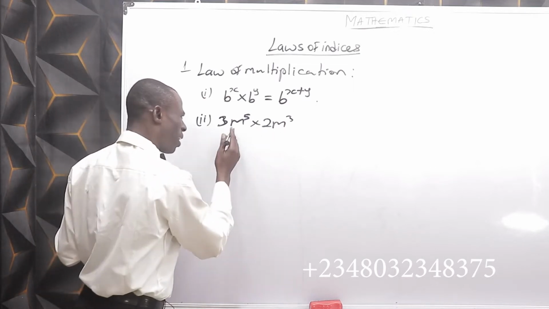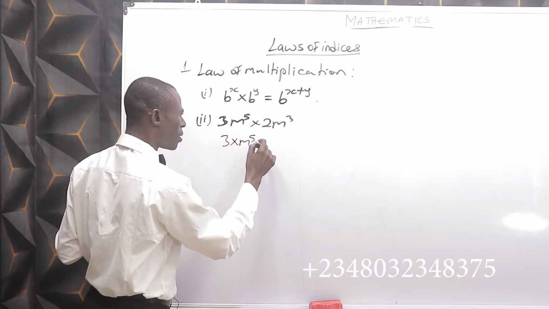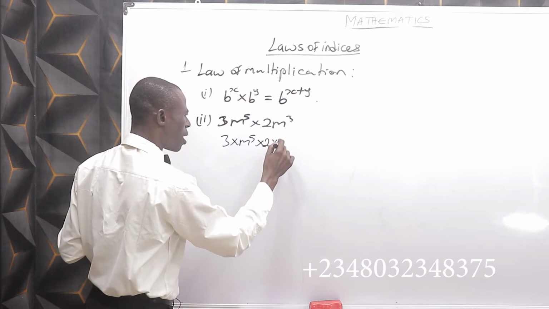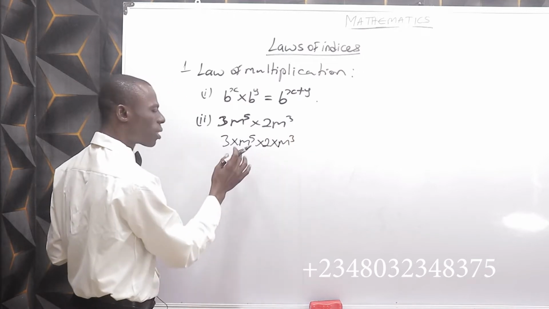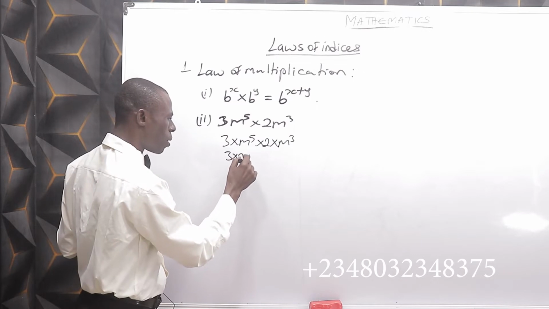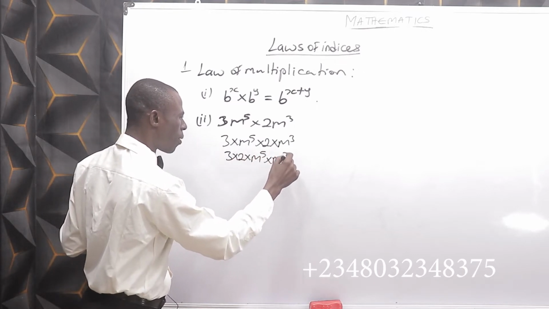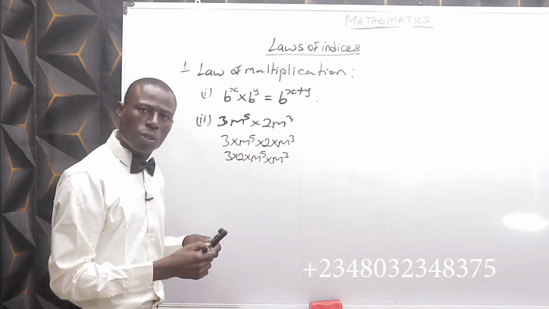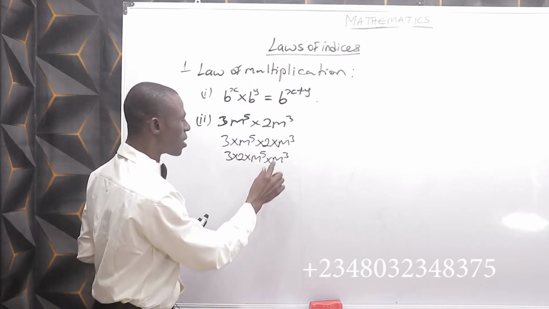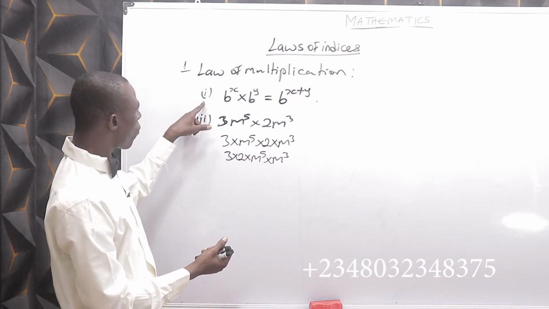You just first rewrite this as 3 times m raised to power 5 times 2 times m raised to power 3. The figures can be grouped together as 3 times 2 times m raised to power 5 times m raised to power 3. You can now see that m raised to power 5 times m raised to power 3 takes the picture and the format of Roman figure 1.